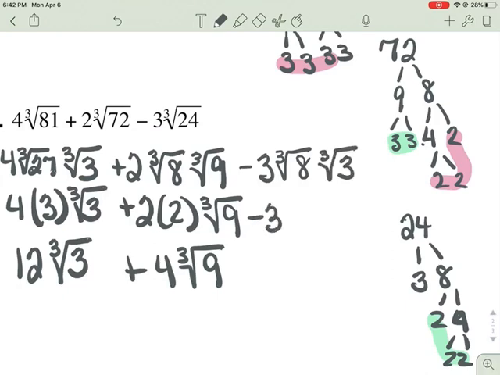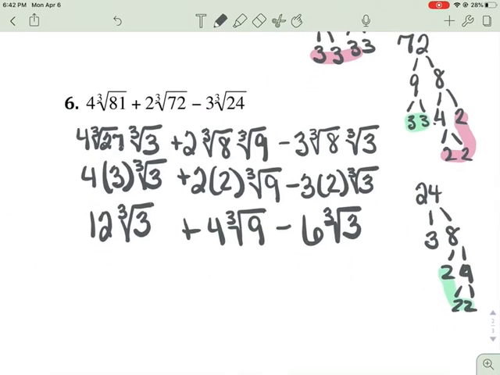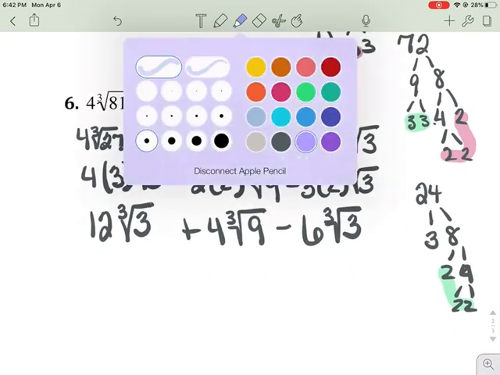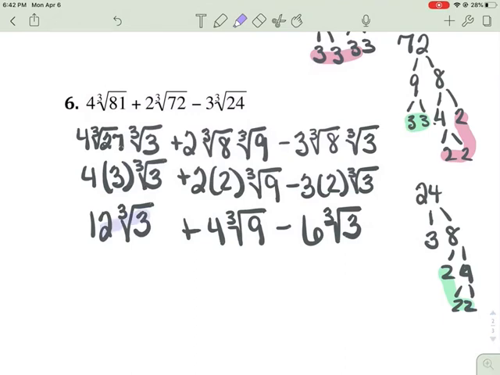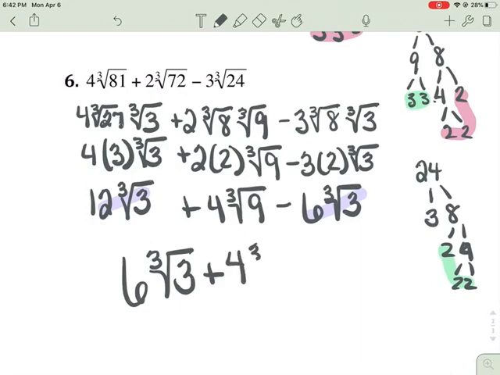So minus 3 times 2, cube root of 3, minus 6 cube roots of 3. All right, so it looks like we're going to be able to combine 2 out of these 3 terms, the 12 cube roots of 3 and minus 6 cube roots of 3. So our final answer would be 6 cube roots of 3 plus 4 cube root of 9.